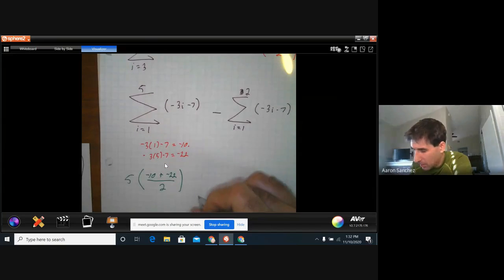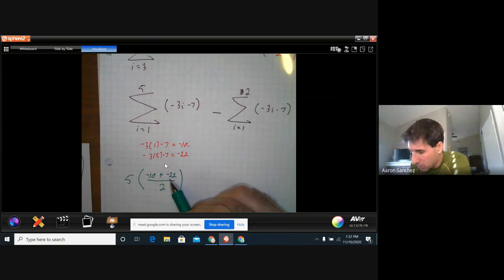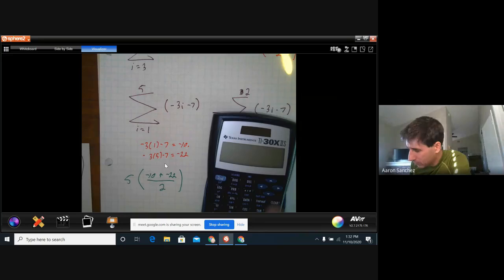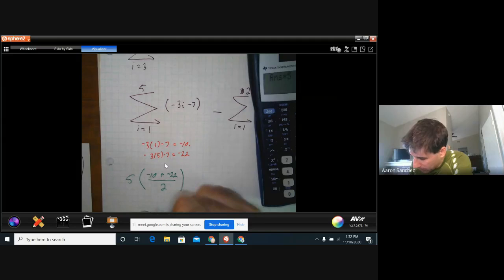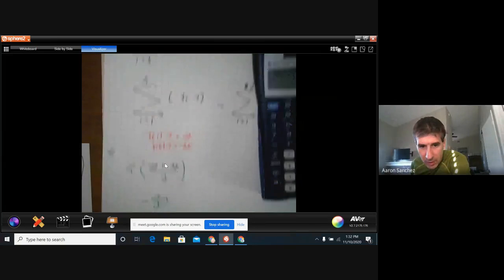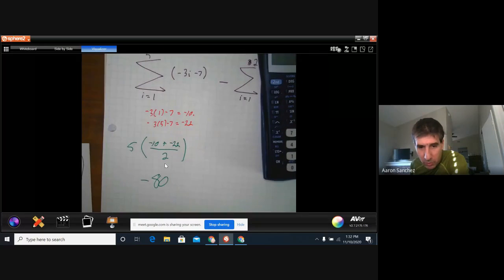So that's negative 10 plus negative 22, which is negative 32, divided by 2 is negative 16. Times 5 is negative 80 for that. So that's 1 through 5.